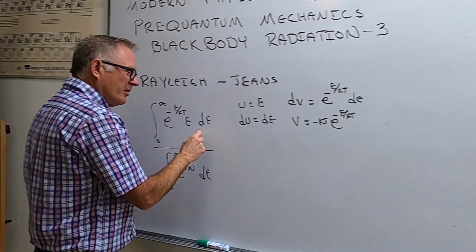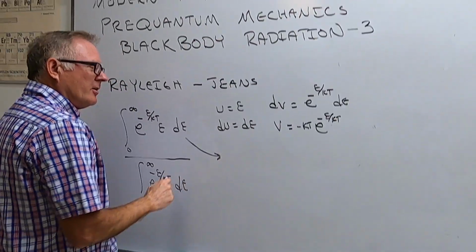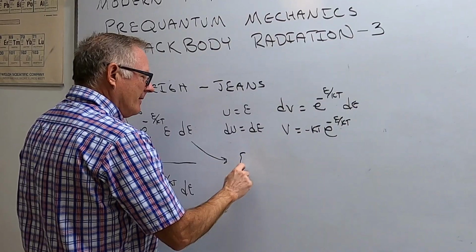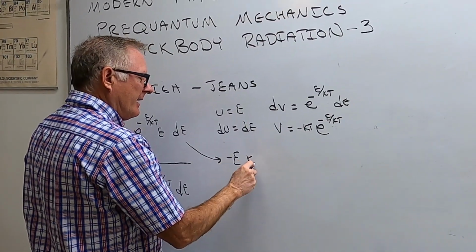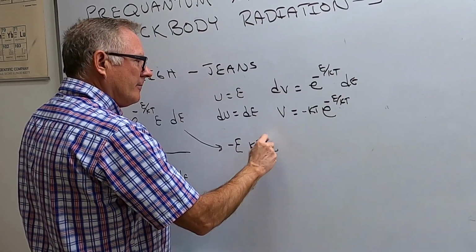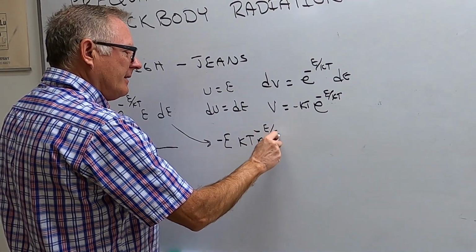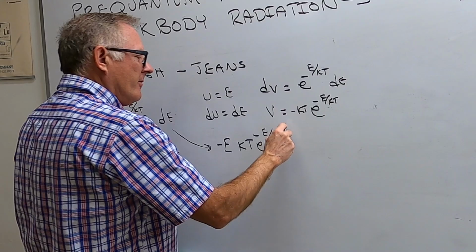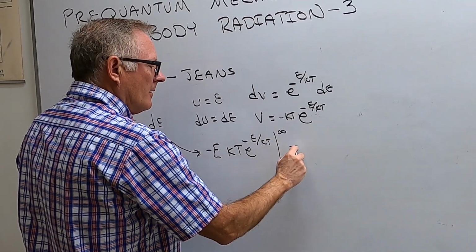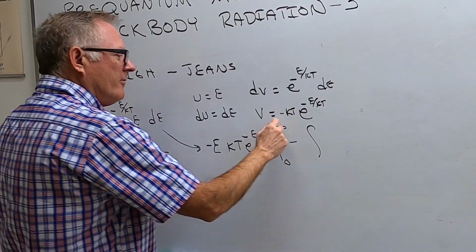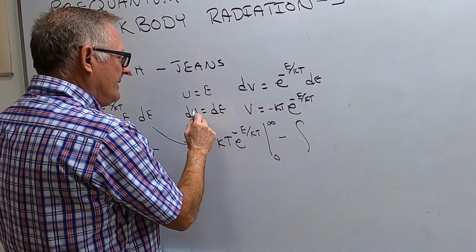So if we look at the numerator, the numerator is E times this, which is minus kT e to the minus E over kT, evaluated from 0 to infinity, minus the integral of v du.